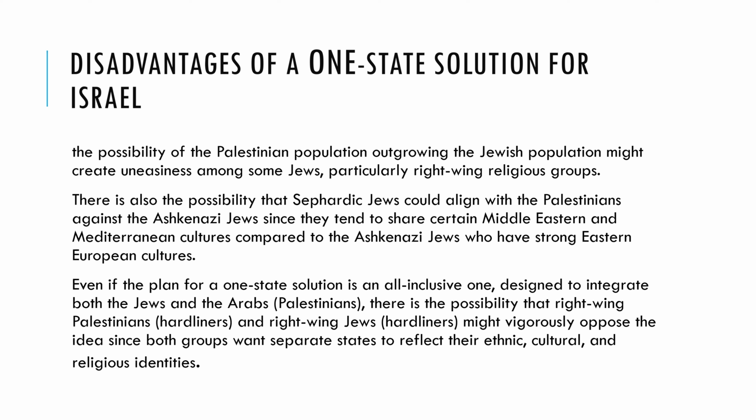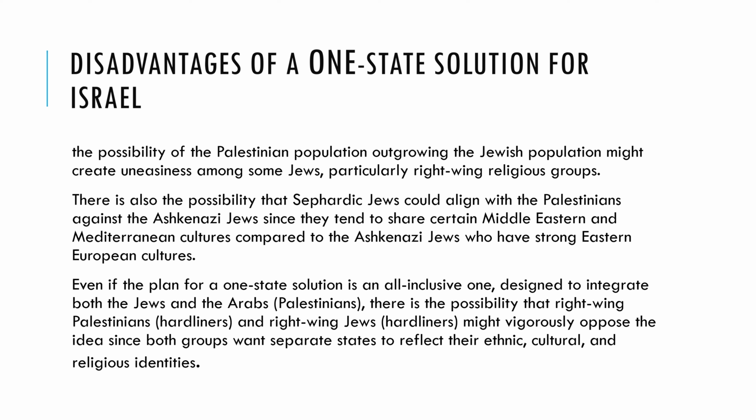There is also the possibility that Sephardic Jews could align with the Palestinians against the Ashkenazi Jews, since they tend to share certain Middle Eastern and Mediterranean cultures compared to the Ashkenazi Jews, who have strong Eastern European cultures.